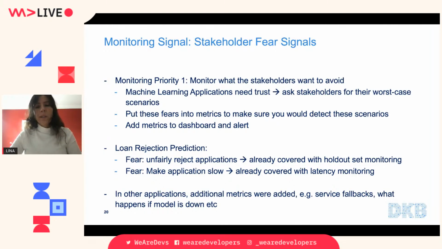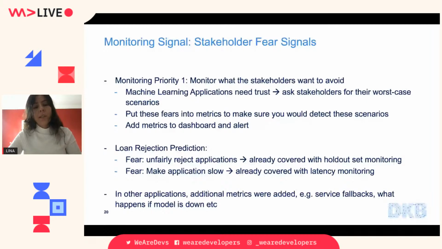So what I typically recommend you do is you ask the stakeholders for their worst case scenarios. And then you put these fears into metrics to make sure that you would detect if some of these scenarios that they're worried about would happen, and you add metrics to the dashboard and you alert.